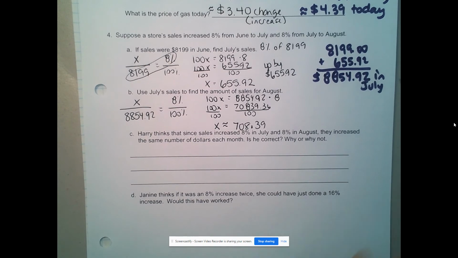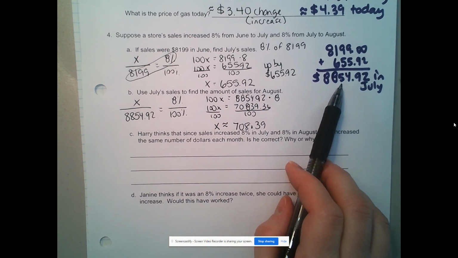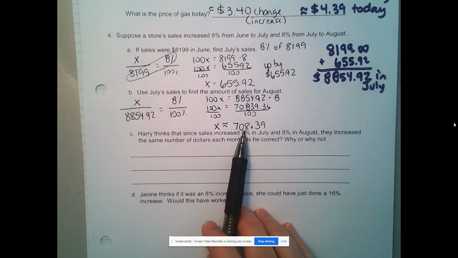And you'll see I used approximately. So the price change from June to July was $655.92, giving us a new higher total in July. Now, 8% of July's went up by $708.39.